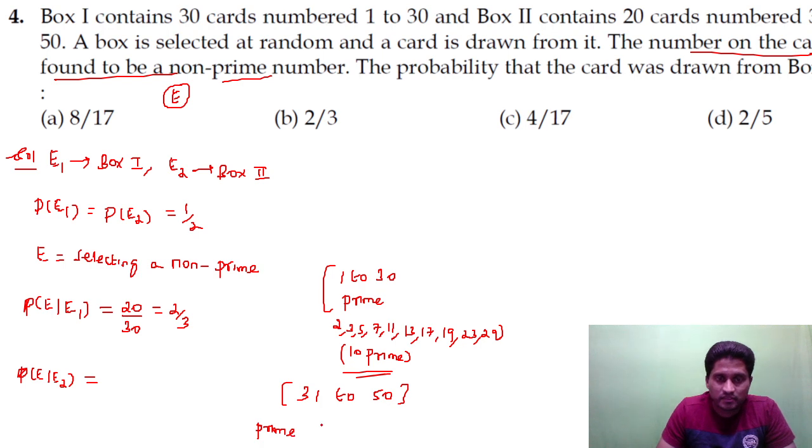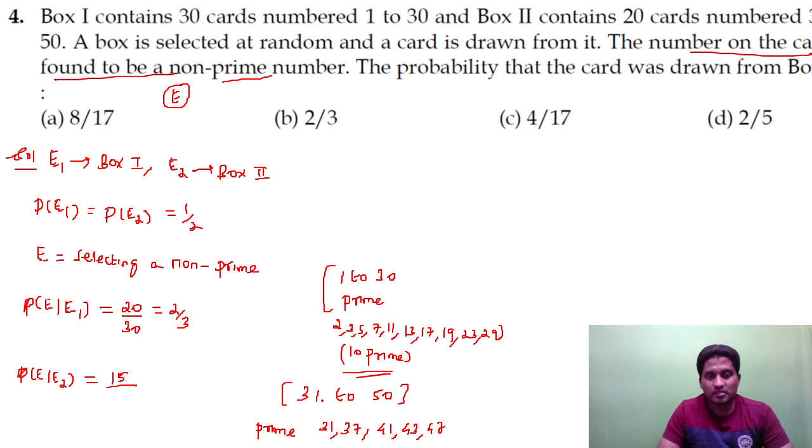Prime numbers are 31, 37, 41, 43, 47. There are 5 prime numbers. So obviously remaining 15 non-prime numbers. So it will be 15 upon the total, 31 to 50, 20 numbers. So this is equal to 3 upon 4.